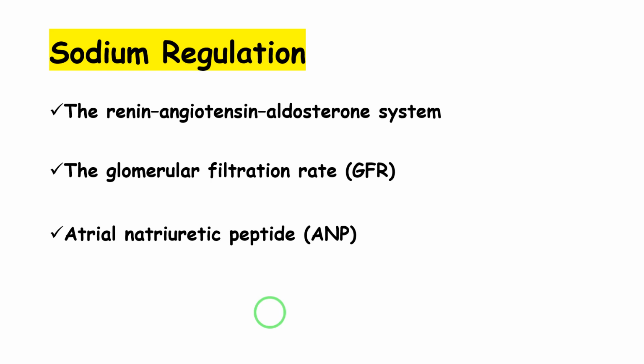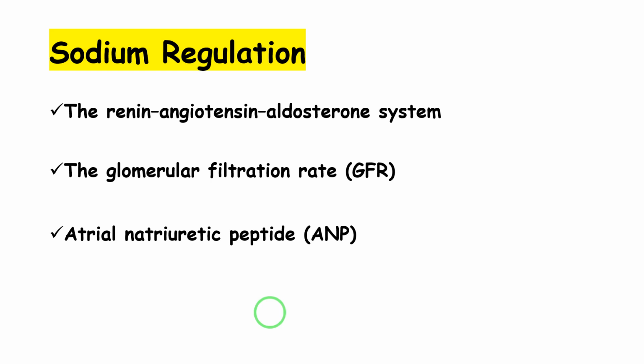This stimulates renin, which converts the angiotensinogen in the plasma to angiotensin 1, which is then converted to angiotensin 2 by the angiotensin converting enzyme. Angiotensin stimulates the release of aldosterone from the adrenal cortex, and aldosterone promotes sodium reabsorption in the distal tubule. When sodium is reabsorbed, this leads to water retention with the sodium.